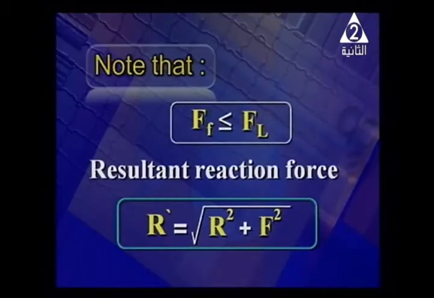In this case, we have a very important equation. R dash, what is the meaning of R dash? Resultant reaction force equals the square root of normal reaction squared plus F squared. What is the meaning of F squared? F is the limiting friction force.